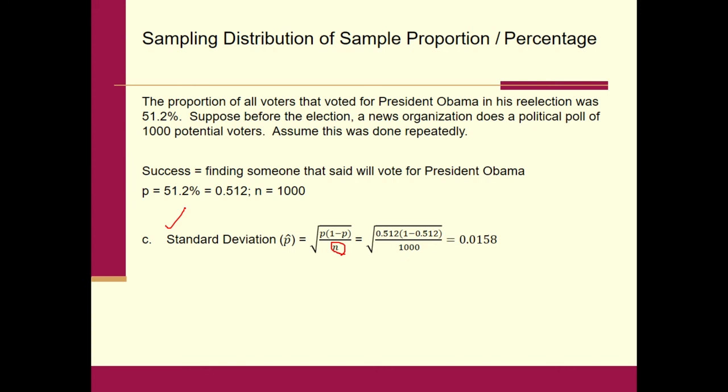Two, as n increases, the standard deviation goes down, and visually the graph is going to get more and more compact. And where is it going to get more compact around? p, in this case the parameter.